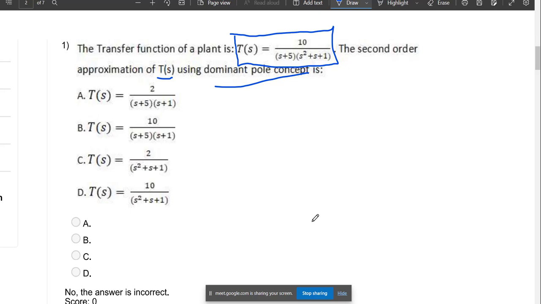Am I audible? Yes, ma'am. Okay, try to solve.